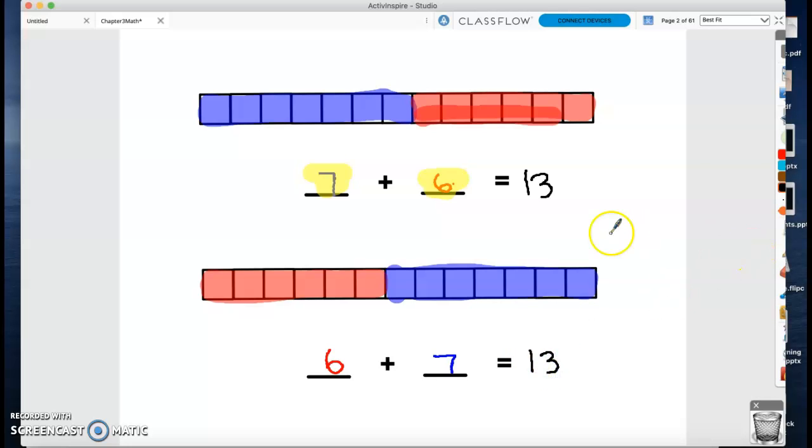So if you notice on here, my 7 switched places with my 6. But my answer, the sum, stays the same.